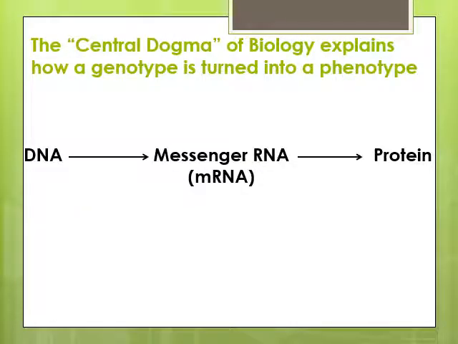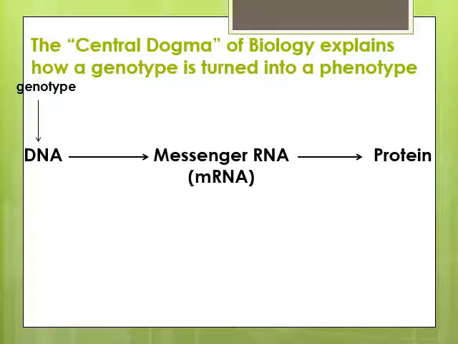Okay. The central dogma of biology. You'll hear this a lot. Central dogma often refers to DNA, but really it's how you take a genotype and turn it into a phenotype. So this is how we go from DNA to messenger RNA, commonly referred to as mRNA, into a protein. And this is what this whole lecture is really going to be about.